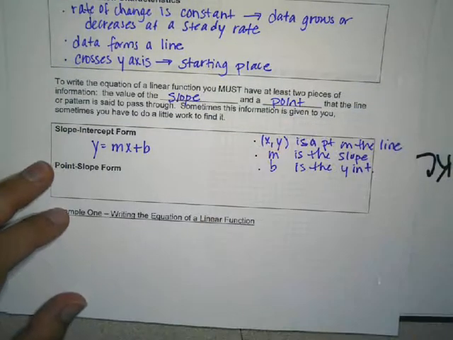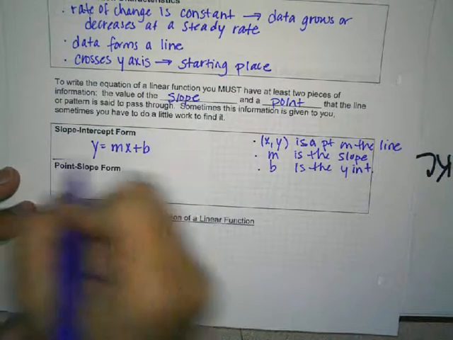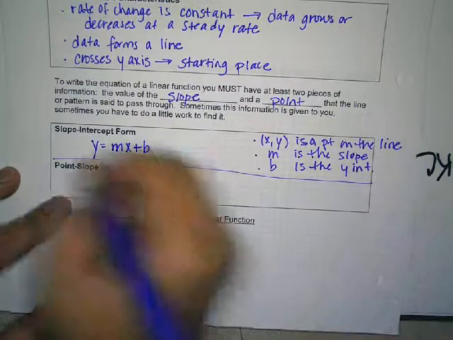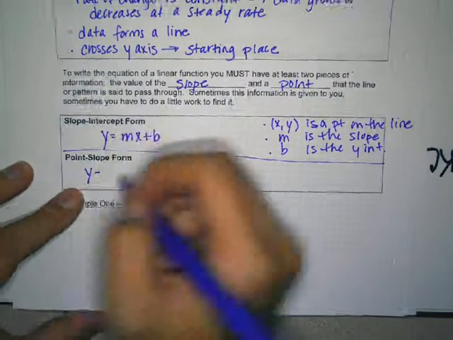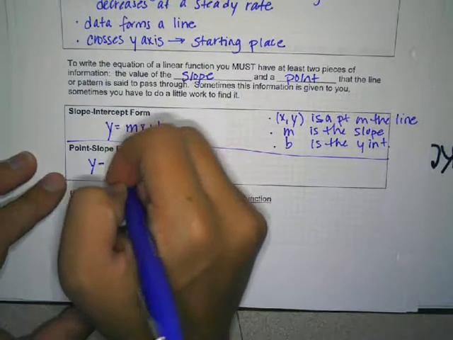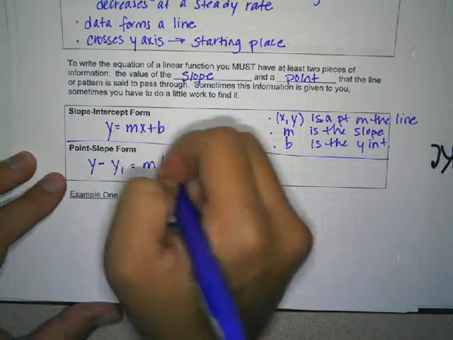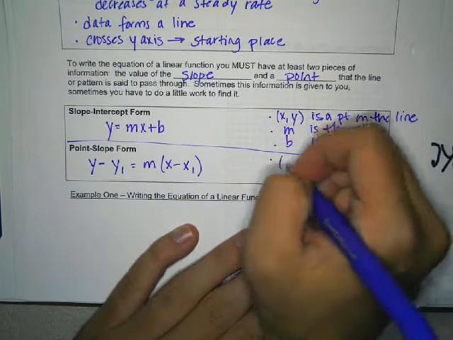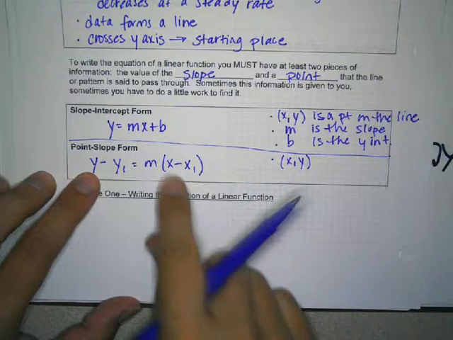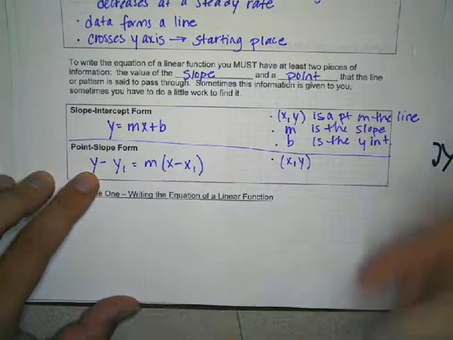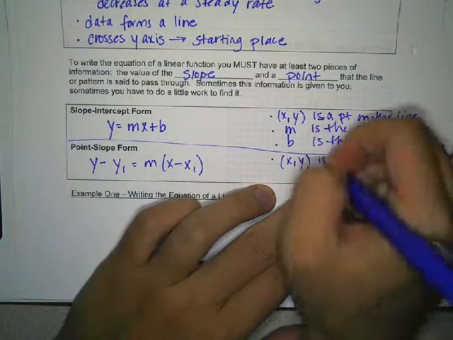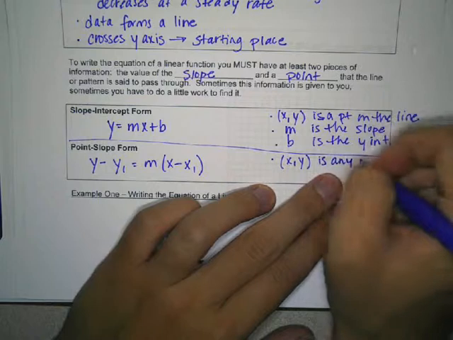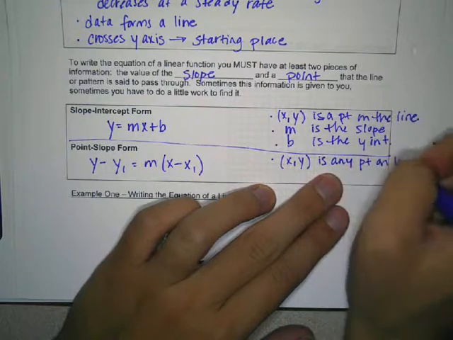Okay. And then the other form that we use is the point-slope form. And that form is y minus y1 equals m times x minus x1. The x, y, so this x and this y, if you pair those together, that is any point on the line.